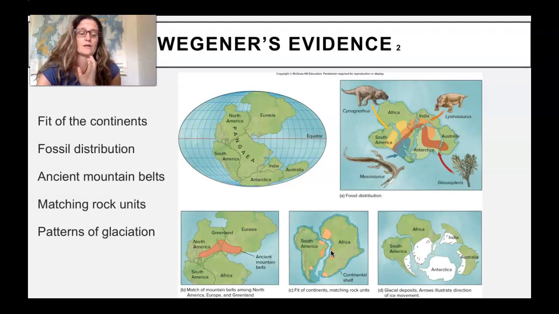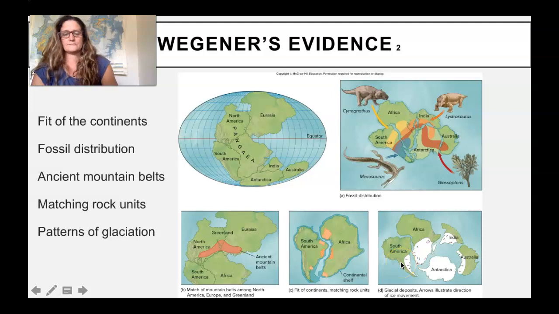And then another neat one is areas of glaciation. Centered around Antarctica, there were glaciers, and coming off of that as well, they can look at glacial movement and map glacial activity that all maps together around Antarctica with those continents.